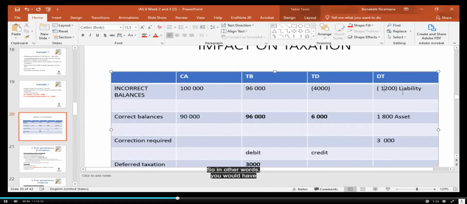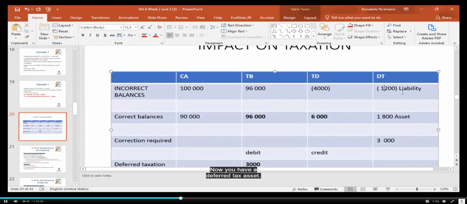So in other words, you would have credited deferred tax liability by 1,200, and you'd have debited income tax expense by 1,200, right? In other words, the income tax would have included that 1,200 due to the deferred tax.